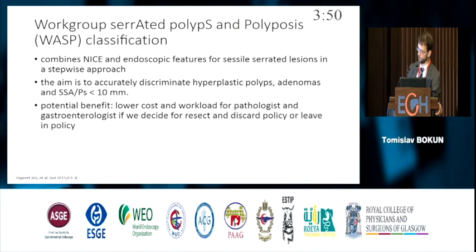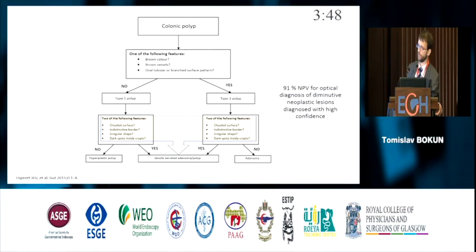if you decide on a leave-in policy. What they actually did is look at the NBI characteristics of the polyps: the color, the vessels, and the surface pattern, and then they said, okay, we have a type 1 polyp or a type 2 polyp. But then they applied criteria for sessile serrated lesions: clouded surface, indistinct border, irregular shape, and dark spots inside the crypts.